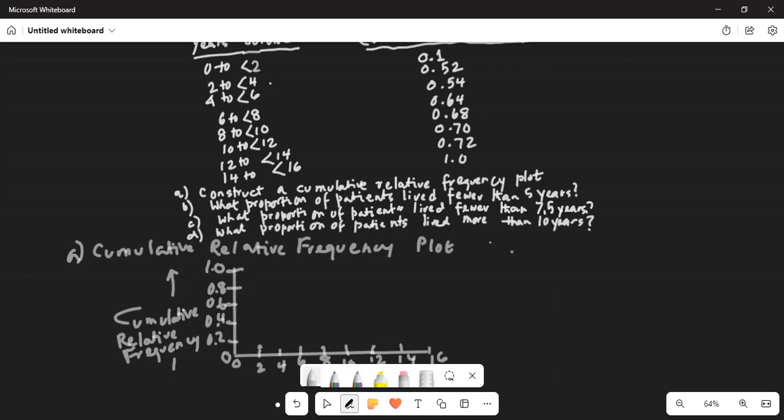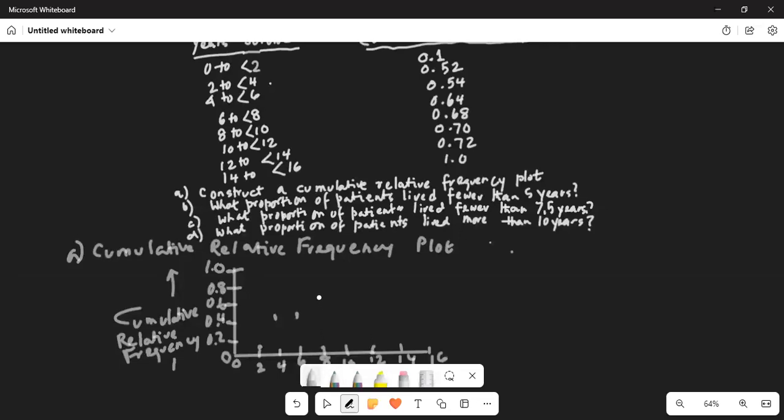Okay. Then 2 to 4 is somewhere over here. So the endpoint at 4 is 0.52. Then 4 to 6 is 0.54. Not much change. Then 6 to 8 is 0.64.